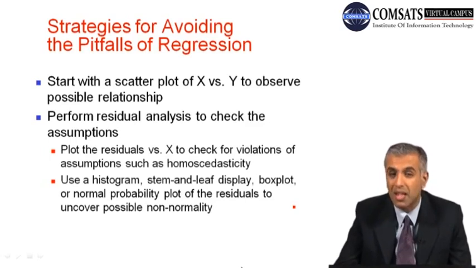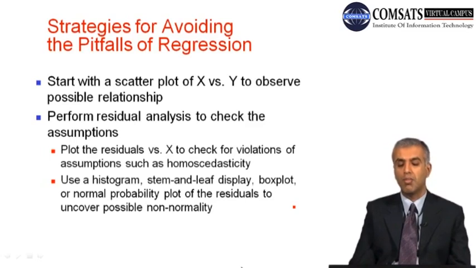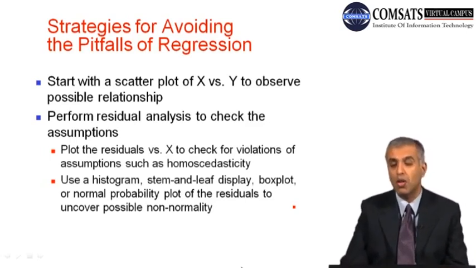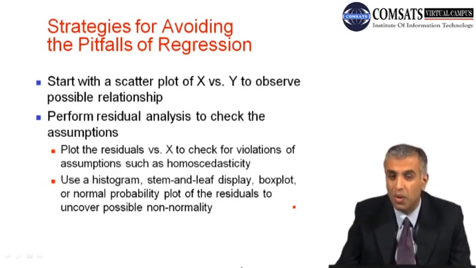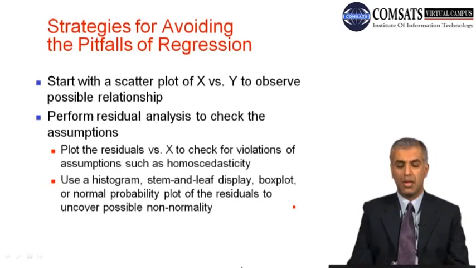Then likewise we have to use other tools like the histogram, normal probability plot, box plot, or even stem and leaf display to thoroughly check which part of the data set is not normal, and it should be reported to the relevant quarters doing the analysis.